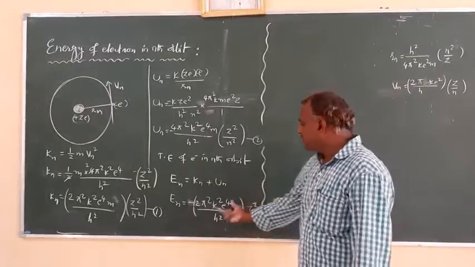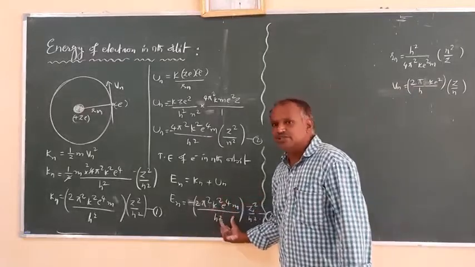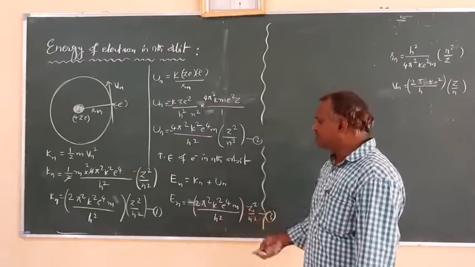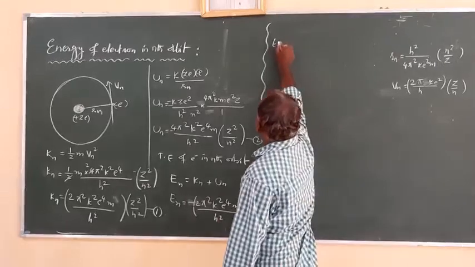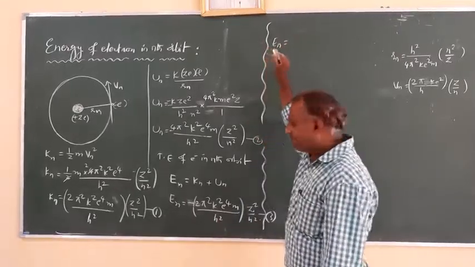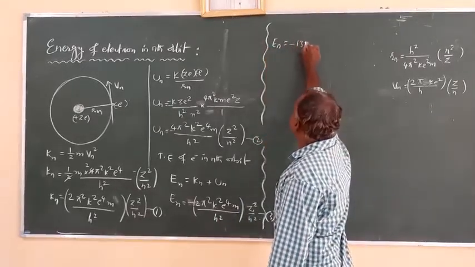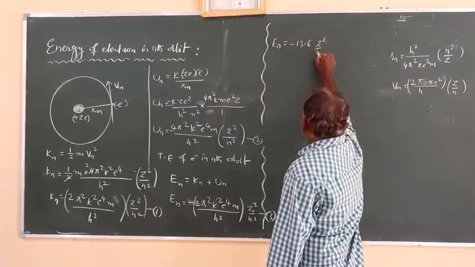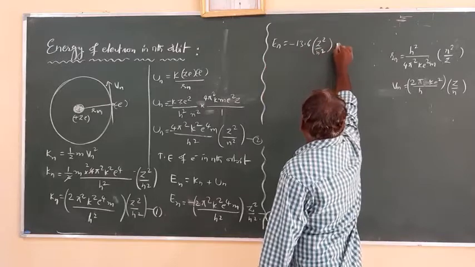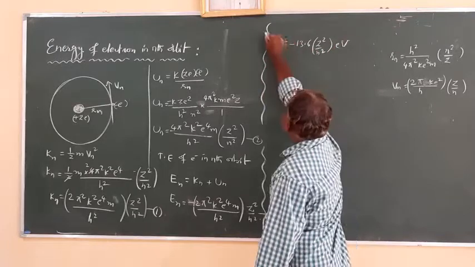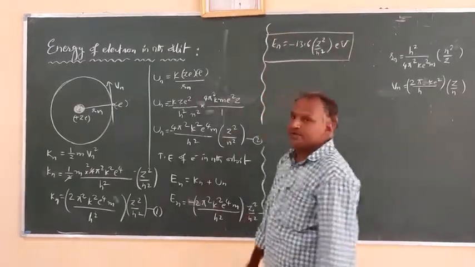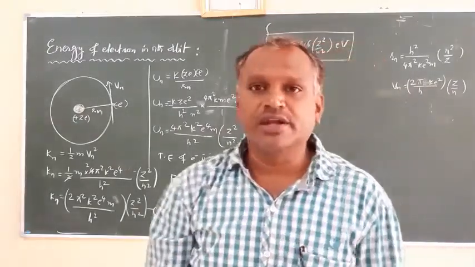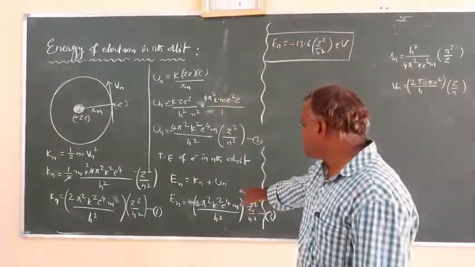Now if you substitute all these constant values in this, then the energy of the electron in the nth orbit is given as En equal to minus 13.6 Z square upon n square, in electron volts. The value of the energy of an electron in the nth orbit is calculated after substituting all these constant values.